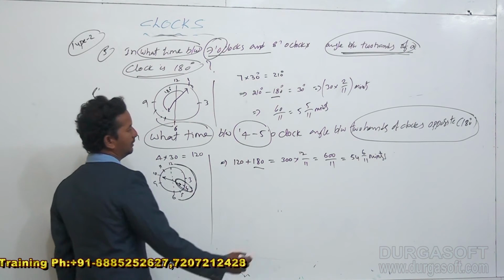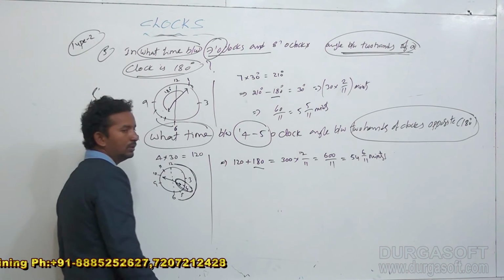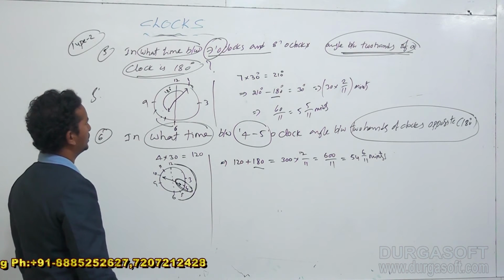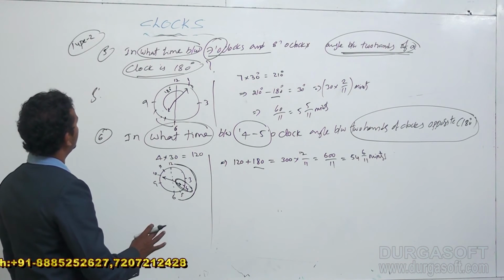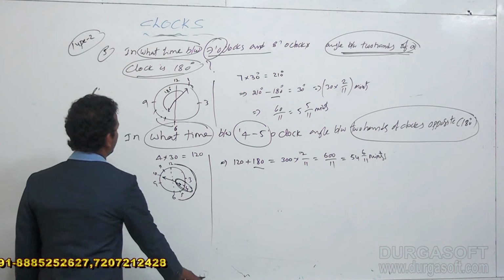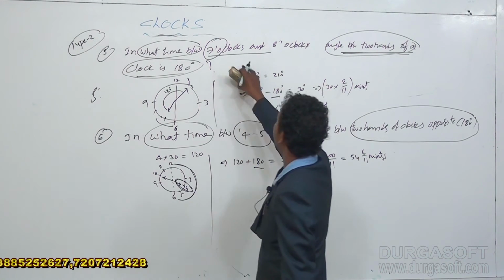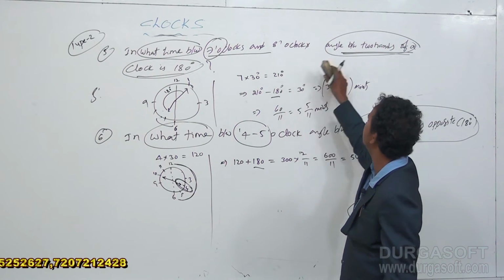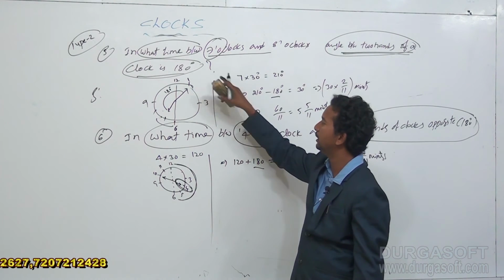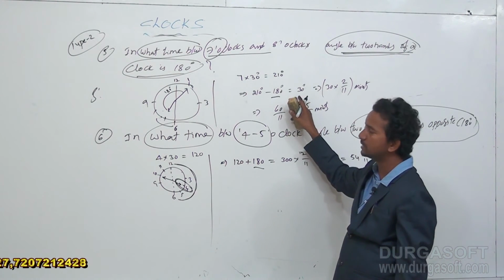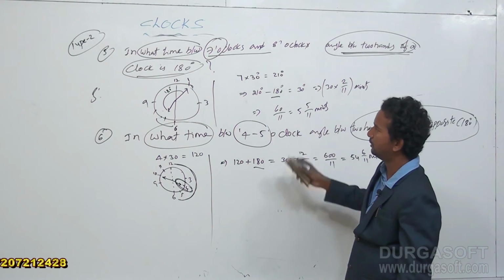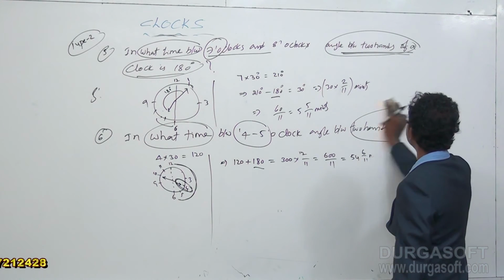So multiply and you get 54 and 6 by 11. These two problems are very, very important for knowing when to add and when to subtract when the two hands of a clock are given.